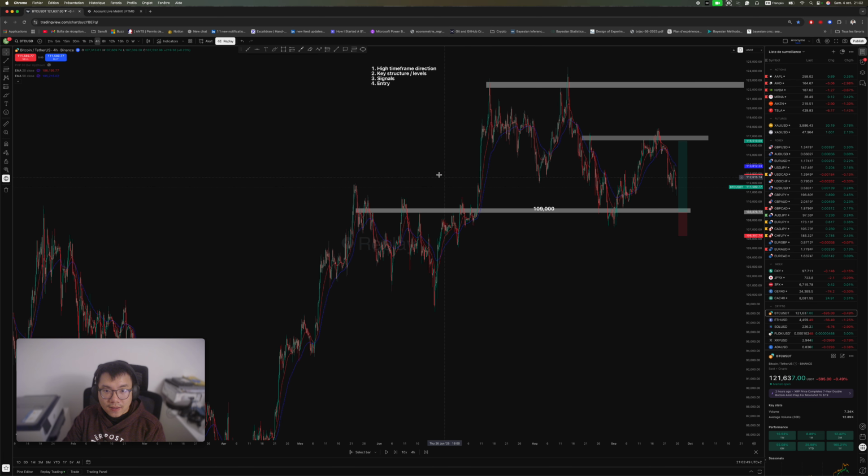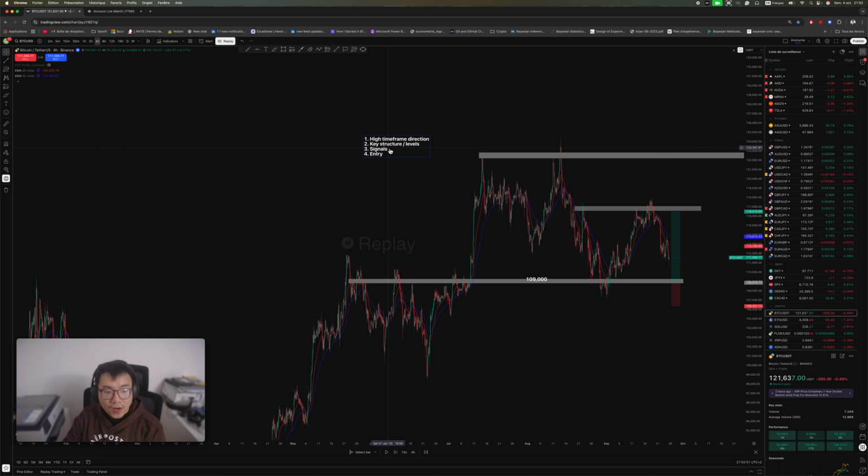The first signal was actually in the first step, high time frame direction. Since the market is extremely bullish on the daily chart, the fact that I take long is aligned with the higher time frame direction. So that's already the first confluence that supports my thesis, right?